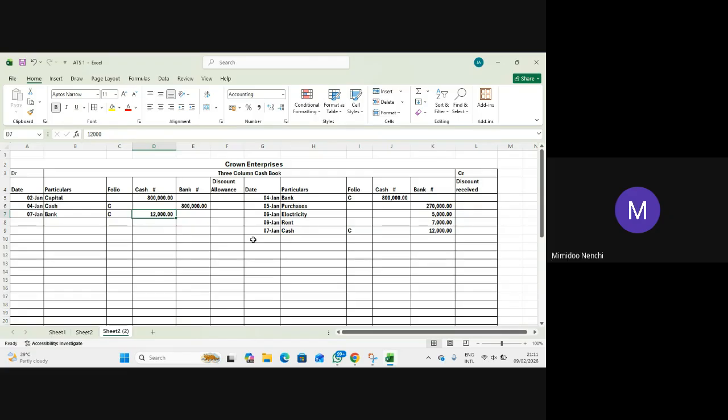The debit side. It means our cash is receiving a check of 425,200. Is that not it?